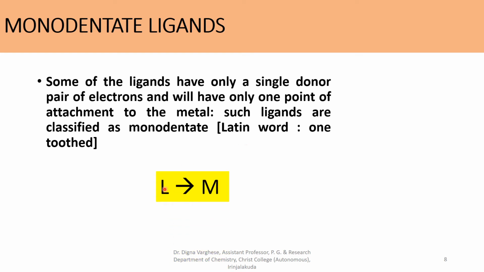Here you can see the ligand attached to the metal atom. There is only a single donor site for this particular ligand, or it can donate one lone pair of electrons to the metal atom. Such type of ligand is known as monodentate ligand.